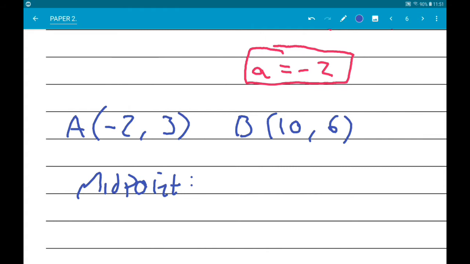So the x is minus 2 add 10 over 2. And y is 3 add 6 over 2.